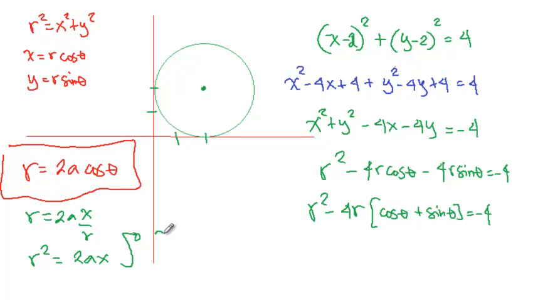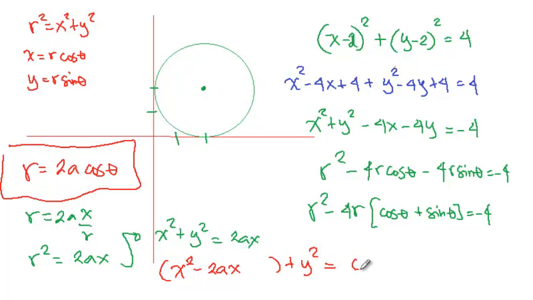We get x squared plus y squared is equal to 2ax, and therefore, not yet. We'll try to find the circle standard form. x squared minus 2ax plus y squared. What's the center here? Plus what?